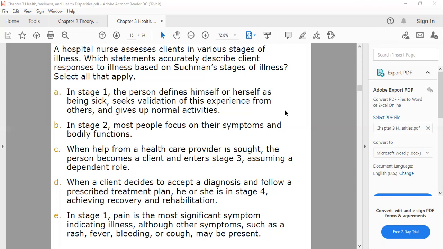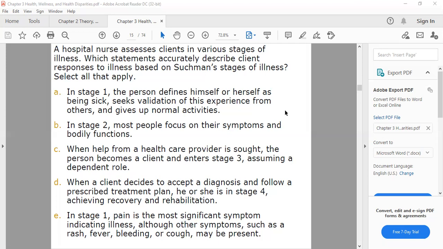So D is actually wrong, okay? Isn't that accepting the dependent role or something like that for D? D is stage 3, not 4. Yeah, 3. When they go to rehab, it's stage 4. The whole statement's not true though, and this is what you have to think about. In select all that apply, we never clump things together.